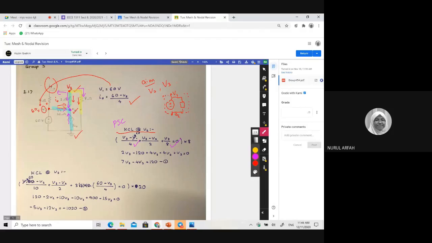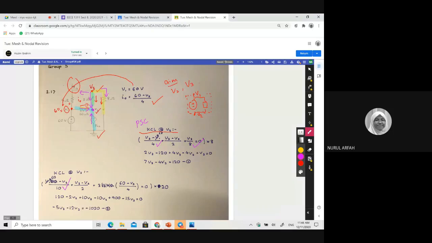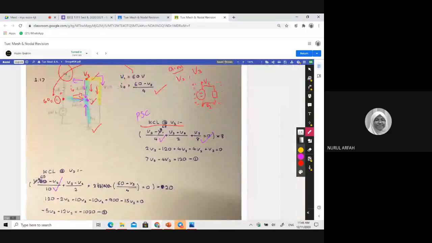Okay. So for this part, 60 minus V2 divided by 10, correct? And then you have V3 minus V2 divided by 2, yes, correct.